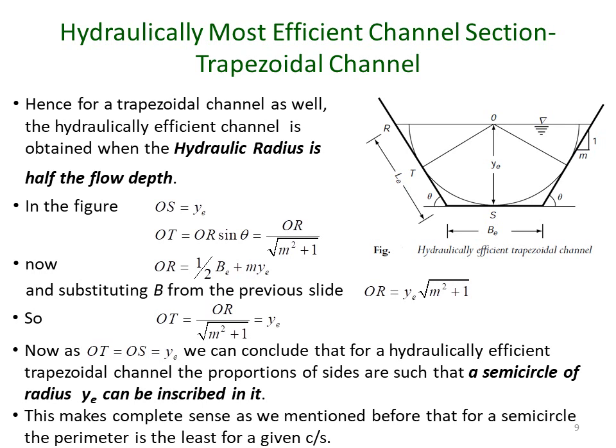Now OR, which is half of the top width of the channel, can be written as half of BE plus MYE. Substituting the value of BE, for which we have already derived the expression in the previous slide, we can write OR equals YE into root under m square plus 1.